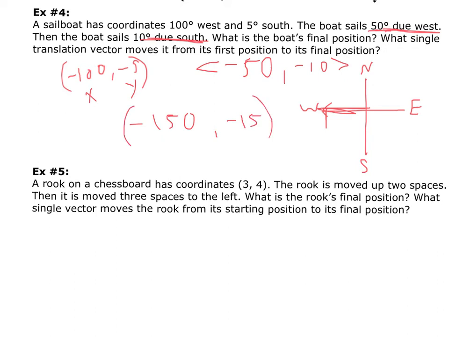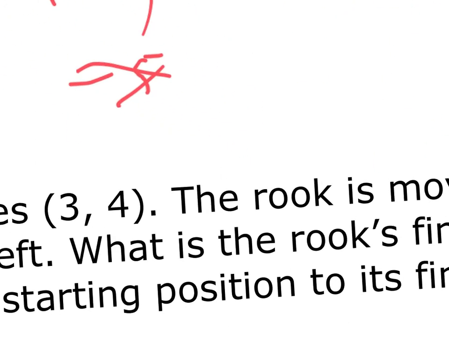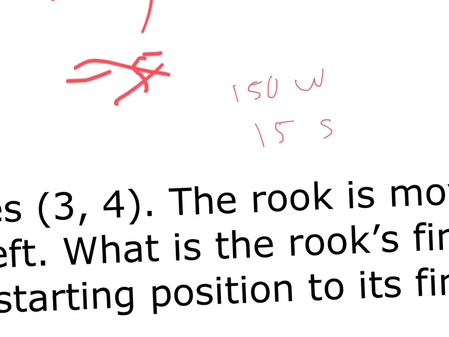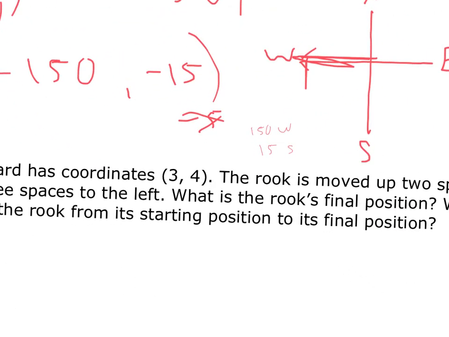Okay, so that is the new location of the boat. So if you wanted to write that in terms of direction, you could say that the boat was in the final position of 150 degrees west, and then 15 degrees south. Okay, so that would be your final solution for that particular problem.